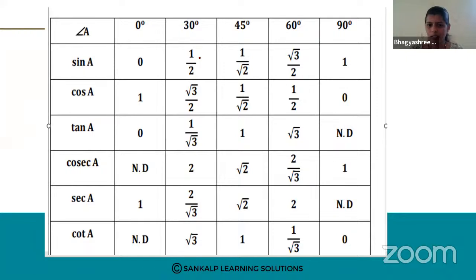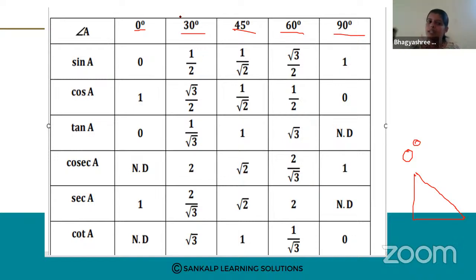If I draw a right angle triangle, the angle comes from 0 to 90 degrees. It could be 10 degree, 20 degree, 15 degree, 35 degree. But here we are considering some standard angles. Standard angles means 0 degree, 30 degree, 45 degree, 60 degree, 90 degree. These are called some standard angles. For these standard angles, what are the values of sin theta, cos theta, tan theta, cosec theta, sec theta, and cot theta? These are the values of trigonometric ratios of standard angles, right?